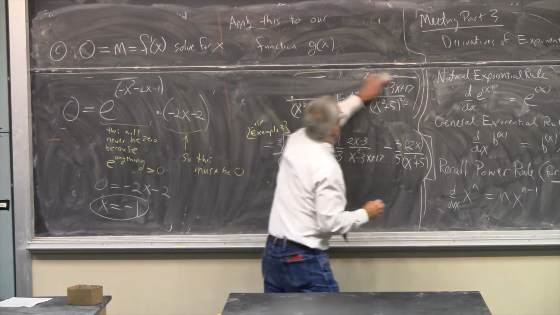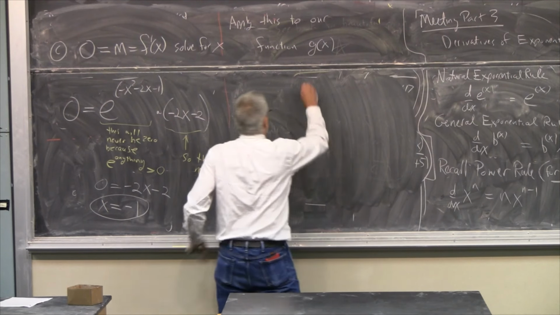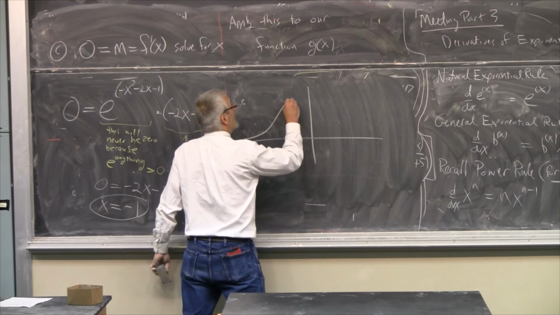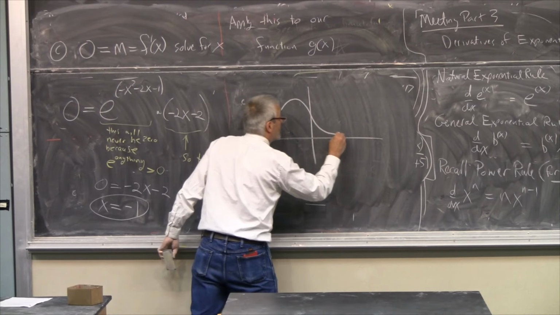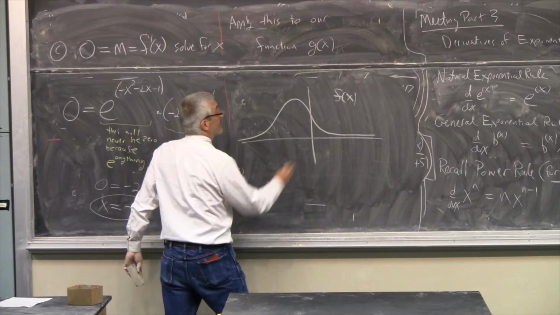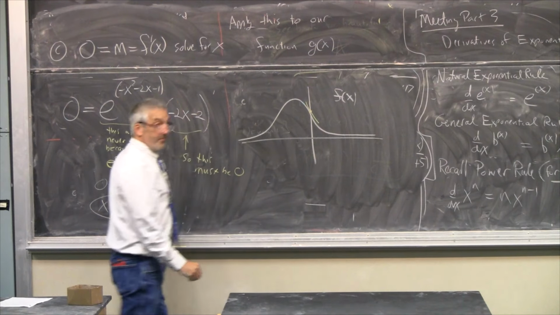Now, I'm going to quickly draw the graph of this function and its tangent line. This function is a famous shape. It's what's called a bell curve. At x equals 0, the slope is a negative number.